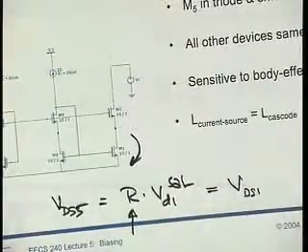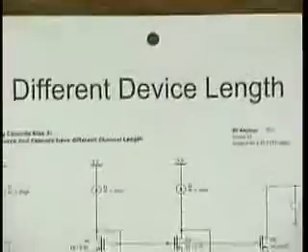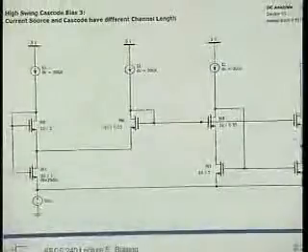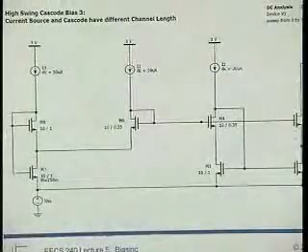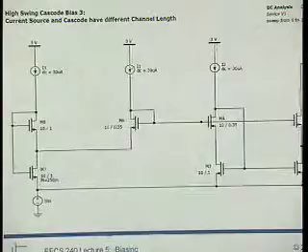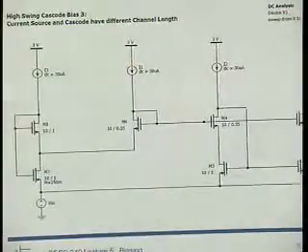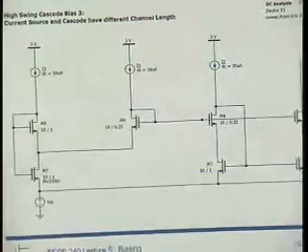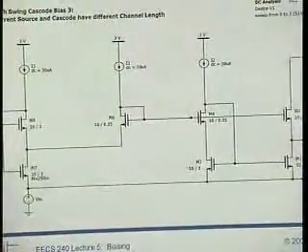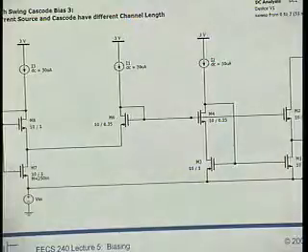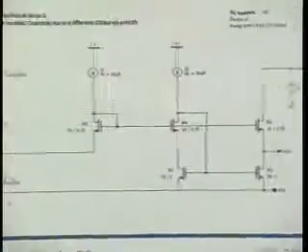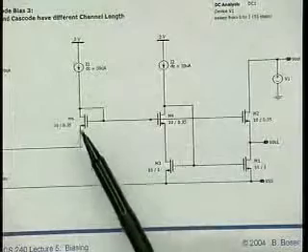Okay, so that's a useful circuit to use. And as I mentioned already, the nice thing now is that we can make it so that we can operate with different channel lengths. And I've cooked up an example here where I do that.